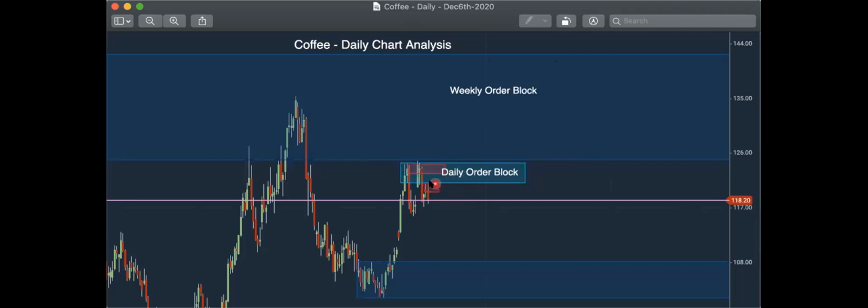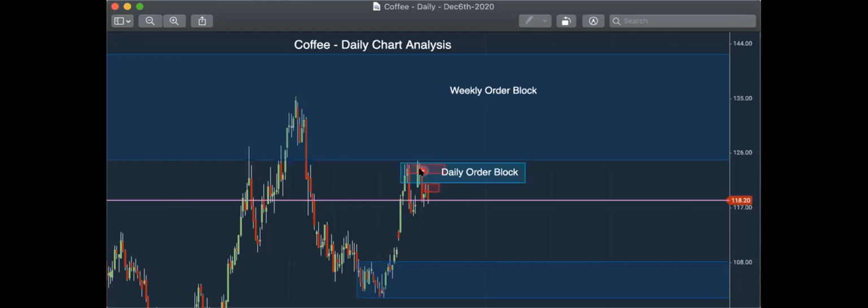Coffee daily chart, you can see there is a bullish up, and then a bearish one is engulfing, closing down. This is strong enough. It's happening in the daily time frame. Then it's moving back up, retesting the daily order block, and you can see it's giving weakness. This is the example I was discussing in the theory. So it's giving weakness, but it's coming back and closing inside the daily.